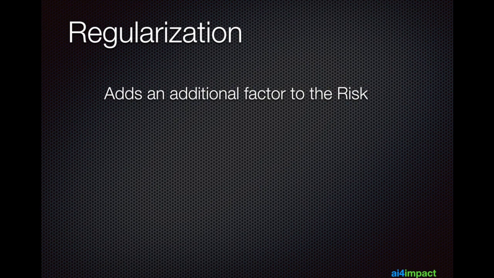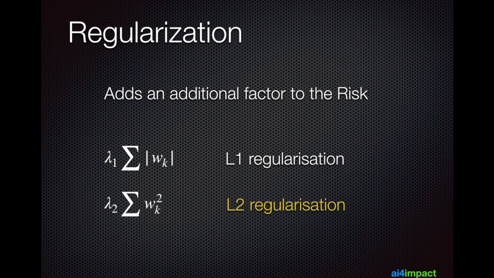Finally, I'd like to discuss regularization, which is simply adding a factor to your risk. L1 regularization adds the sum of the absolute values of all the weights in your network. L2 adds the squares of the weights of your entire network. And this is the default.